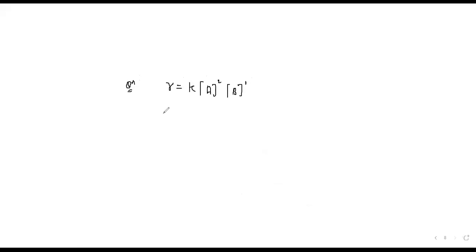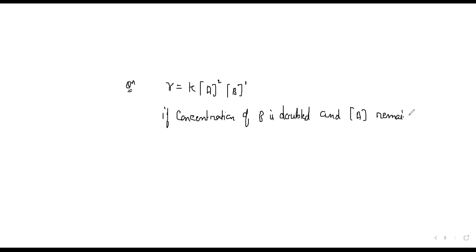If the concentration of B is doubled and A remains the same, then the rate value will be equal to R dash.